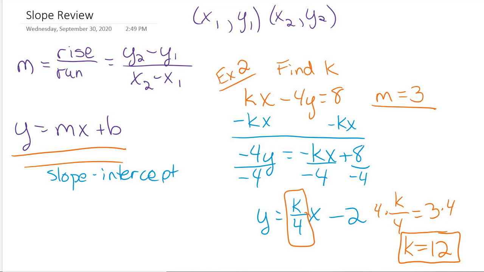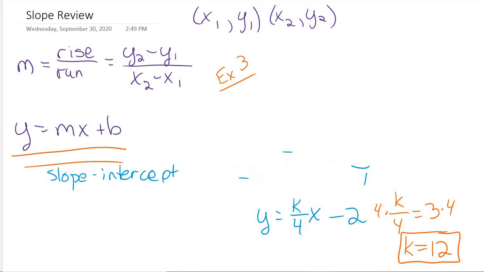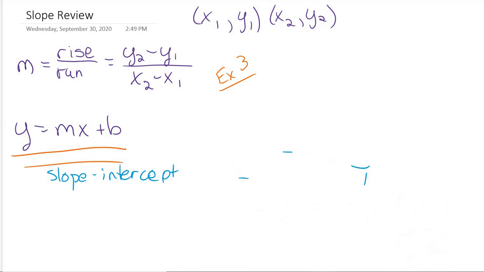All right, and then we have one last example. And it's another type of k problem. So we're given 2 coordinates, but they have variables in them.